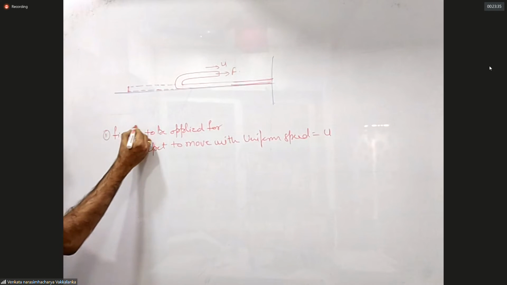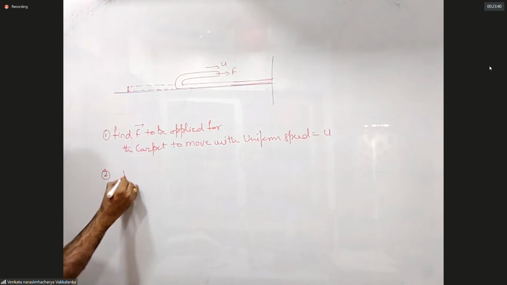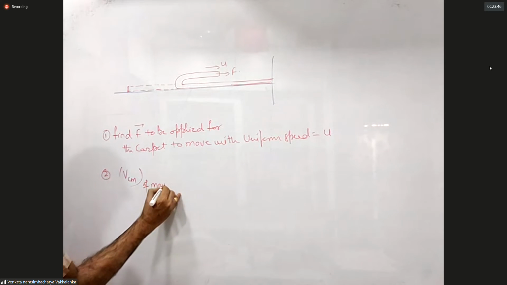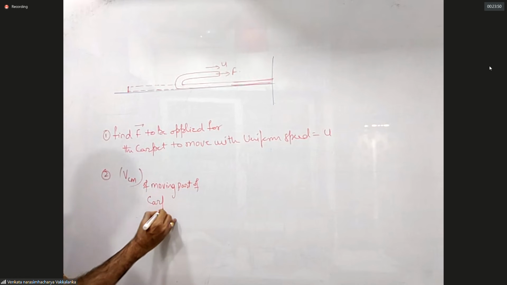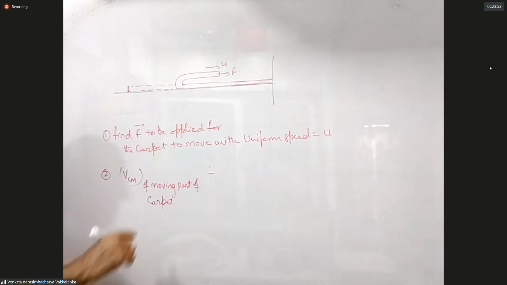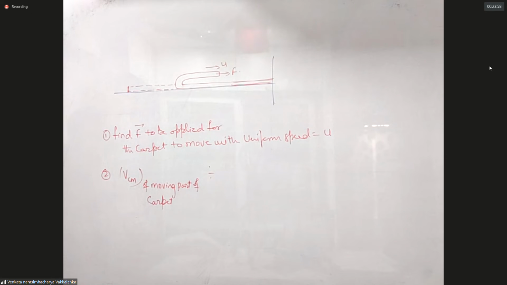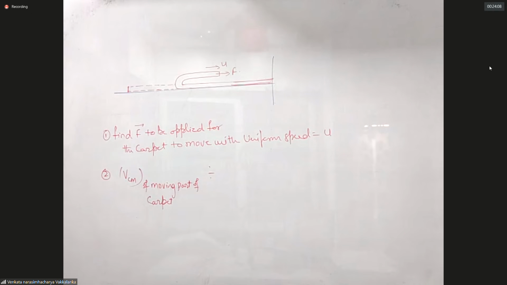The second question is the velocity of the center of mass of the moving part of the carpet. There is actually a third question which I don't want to give at this stage because that will unnecessarily lead to confusion. But solve these two first. There is a well-laid trap in it.